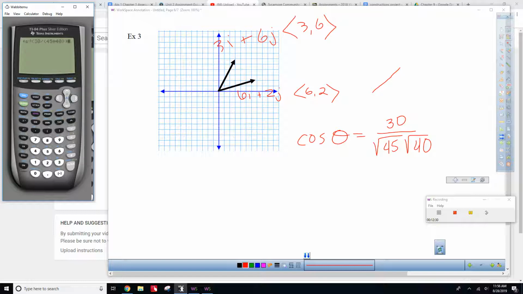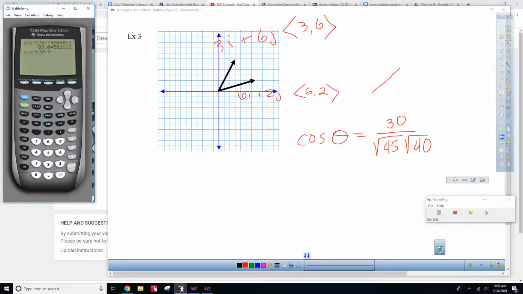Close it again. Does it like that? There we go. Oh, I didn't do the radical on the bottom. Second, cosine 30 divided by radical. Why won't it take the radical?